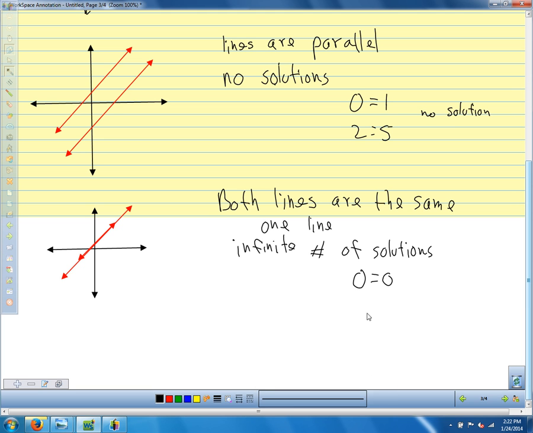Or we could end up with something like 1 equals 1, 10 equals 10. So we get something that's true all the time. 0 is always equal to 0, 1 is always equal to 1. Any answer like this is going to tell us we have actually only one line, and we have an infinite number of solutions.